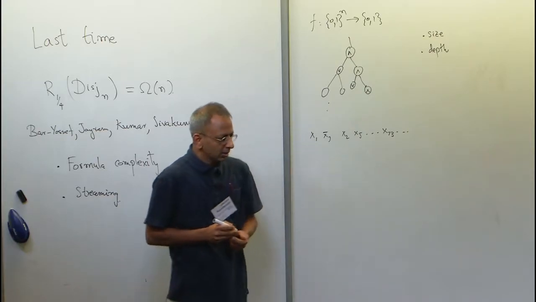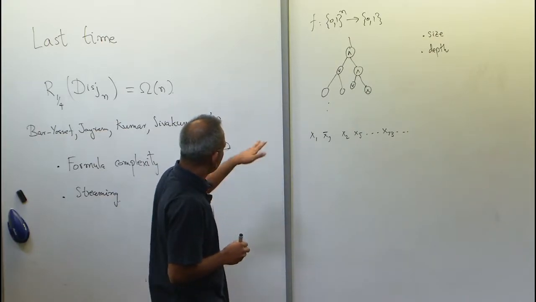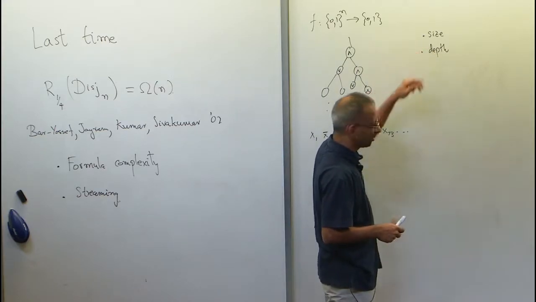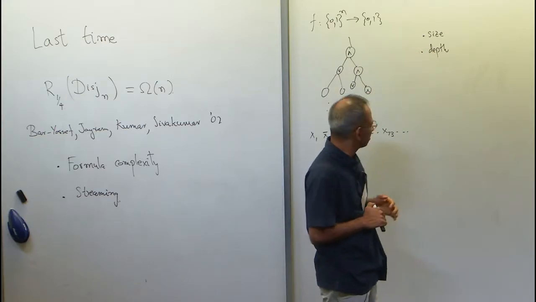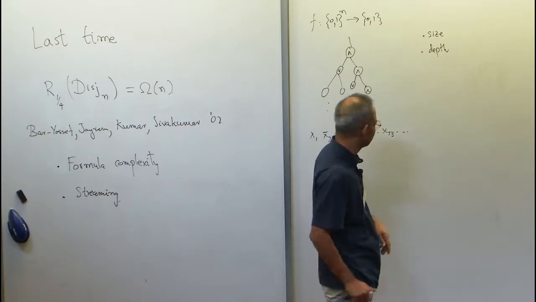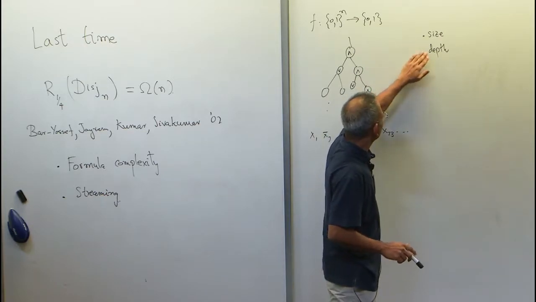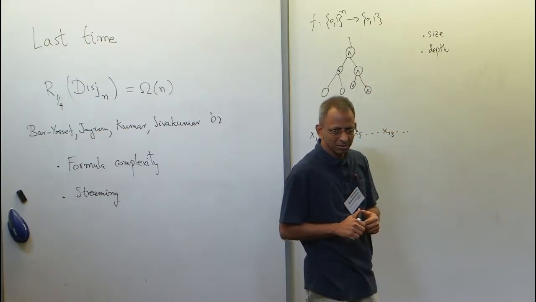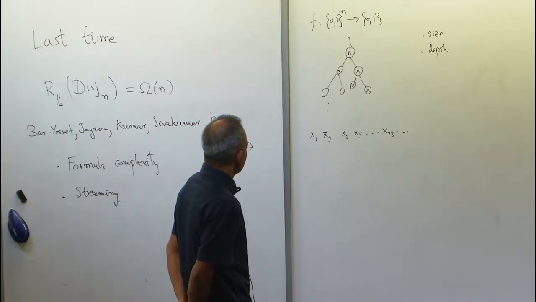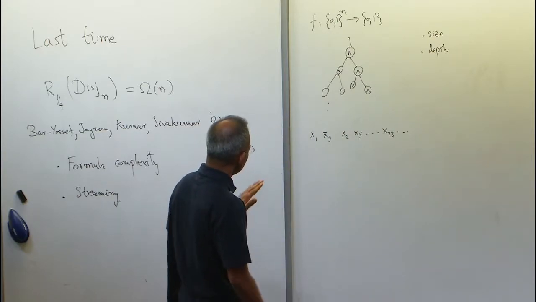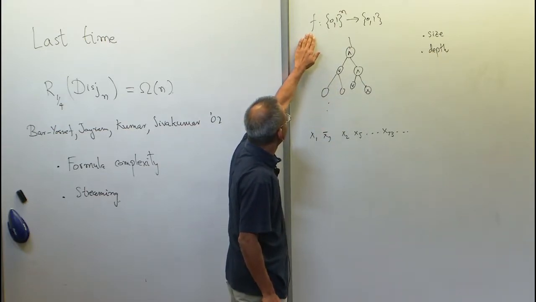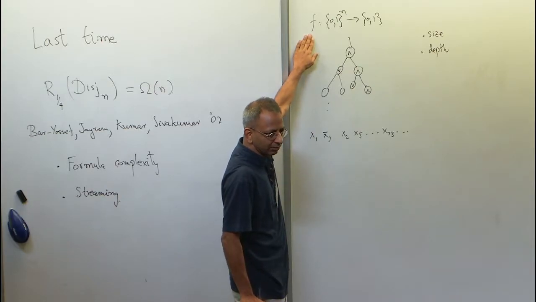For formulas, the depth and size are pretty closely related, so we'll focus mainly on depth today. Size is exponential in depth. So this is a problem of analyzing the complexity of a Boolean function f.